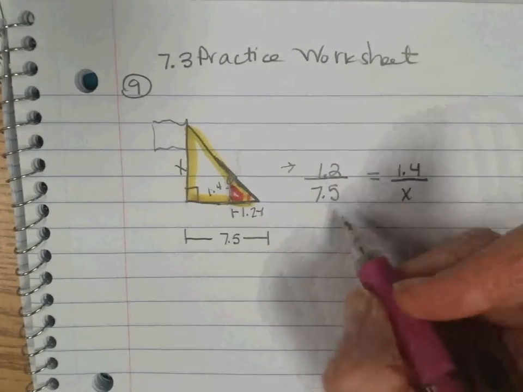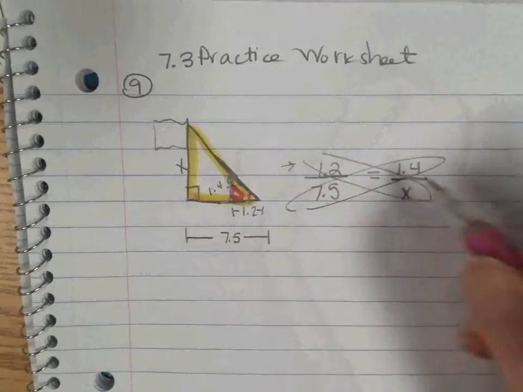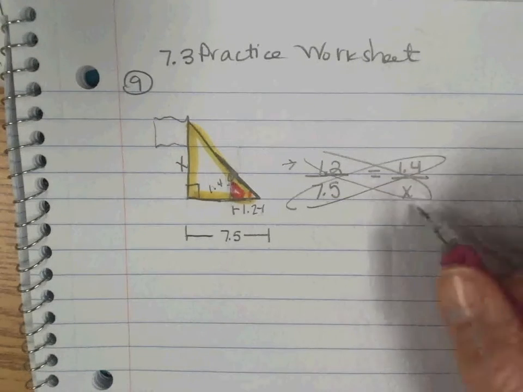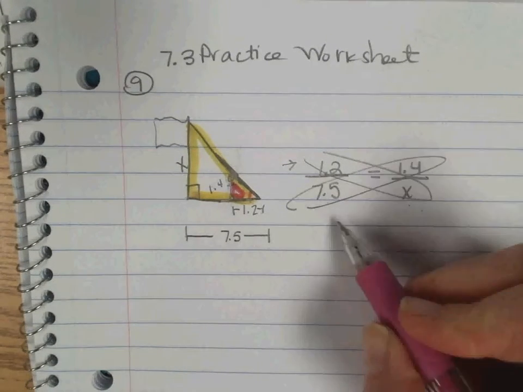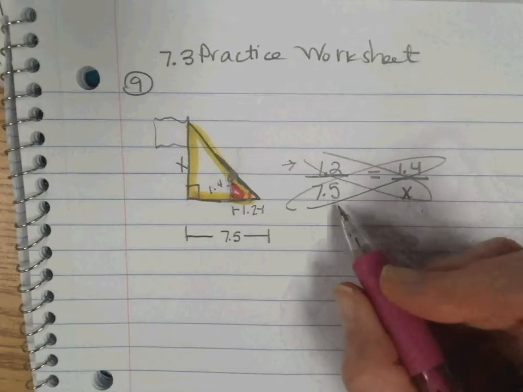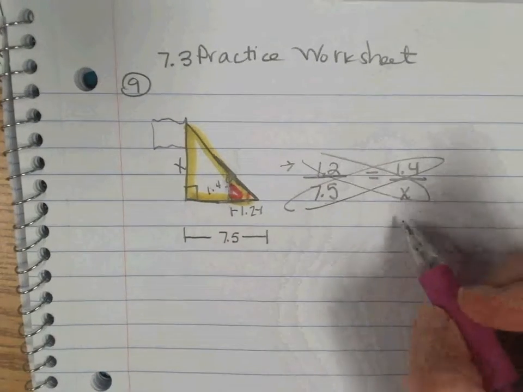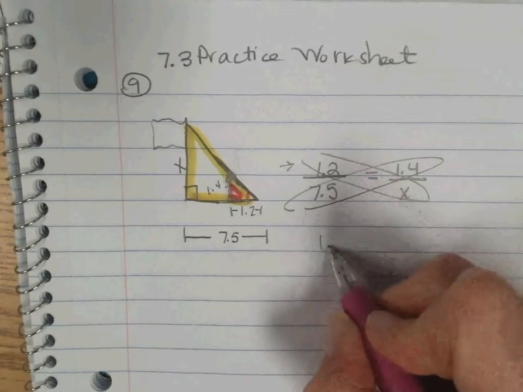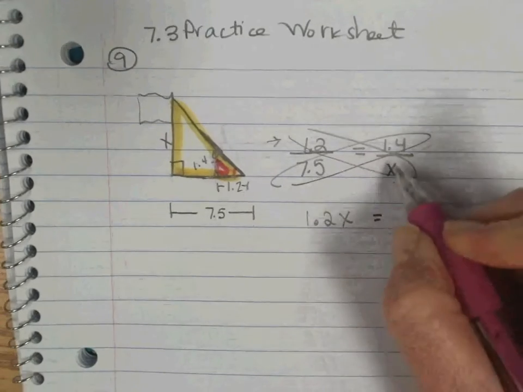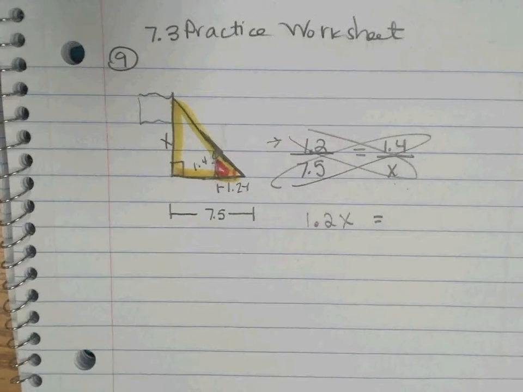So now that we have this proportion, recall this method for solving for X, where we call it cross multiply and divide. So we're basically just multiplying both sides by the denominators. So we'll get 1.2x equals 1.4 times 7.5.